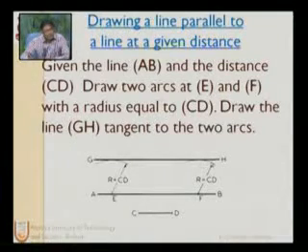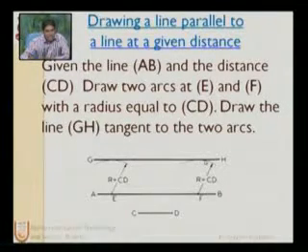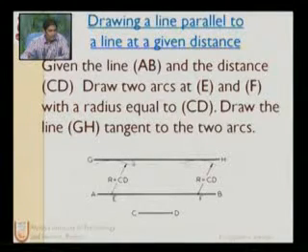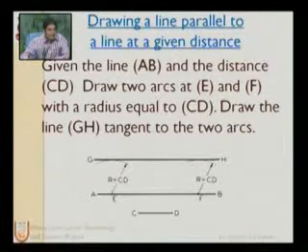Repeat the step from another point and draw another arc. Now we have to create one line which is tangent, which means passing through both arcs. We will see what a tangent is in the coming examples. A tangent is just a one-point connection line. So the line GH, formed by the tangent intersecting at only one point, is the exact parallel line of line AB.